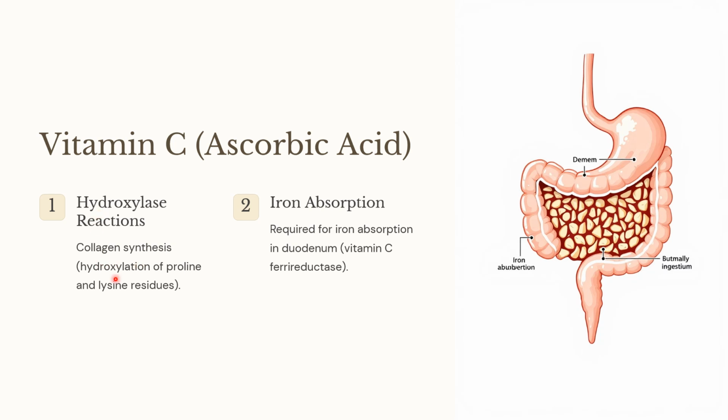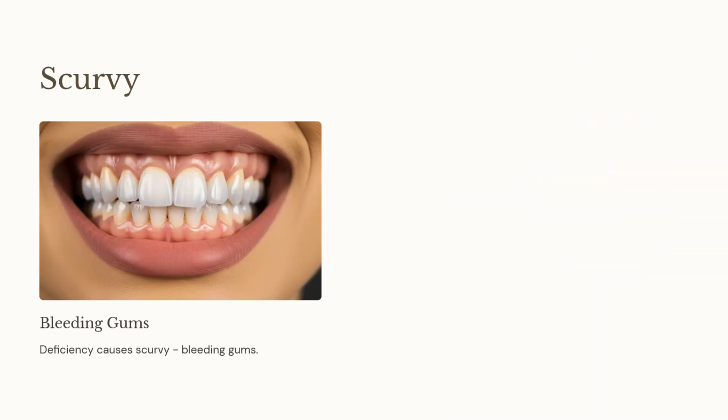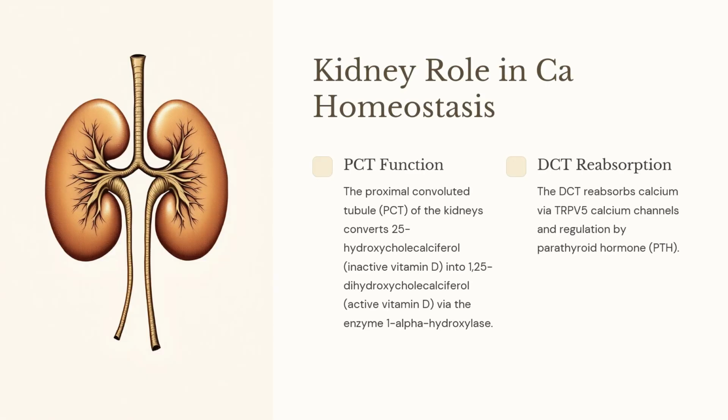The hydroxylation of the proline and lysine residues is the important step even before cross-linking can happen. For the hydroxylation of proline and lysine, we need vitamin C. And for absorption of iron in the duodenum, vitamin C is very important. Vitamin C deficiency, quite obviously, will result in scurvy, where bleeding comes.